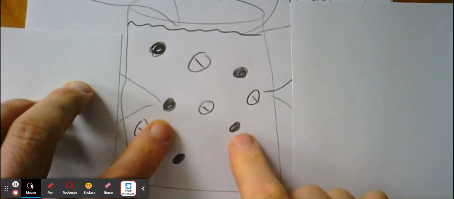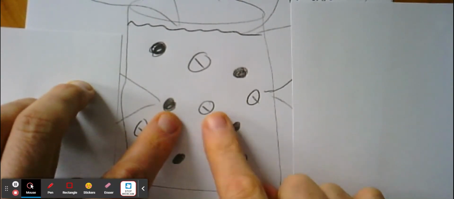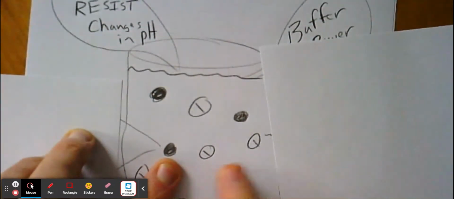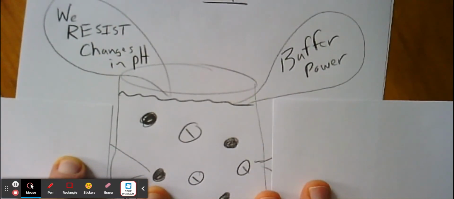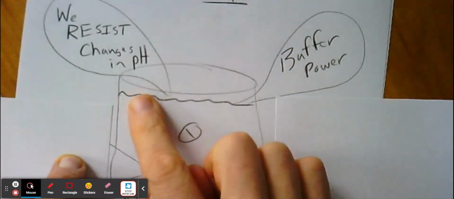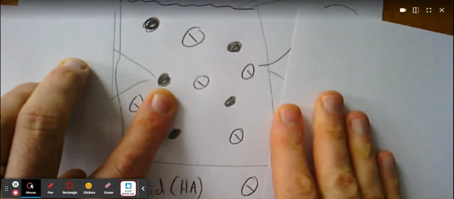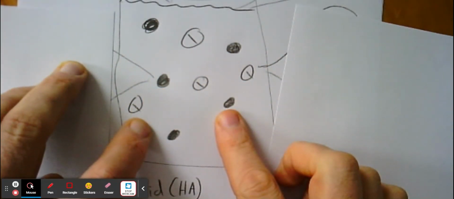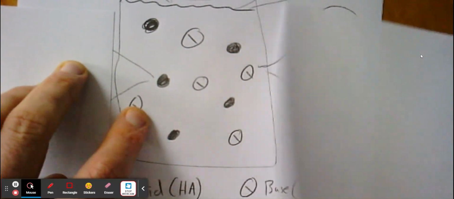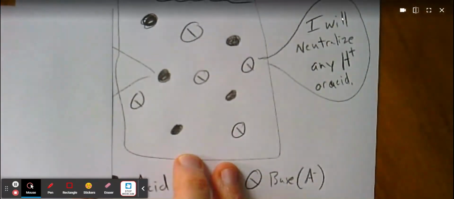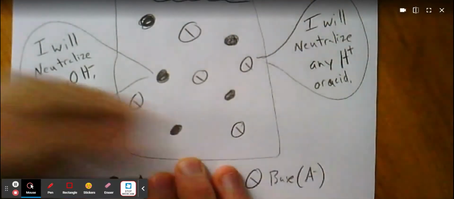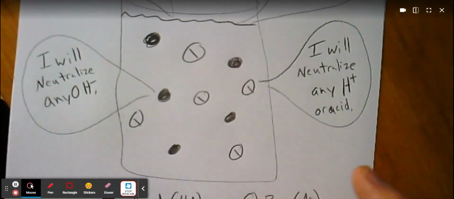Now, the presence of these acids and bases gives the buffer its huge property. It's your buffer power: they can resist changes in pH. Because your buffer has these two pieces, any acid or base that gets added, you have a means to neutralize either of them.